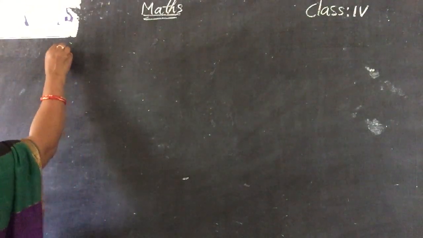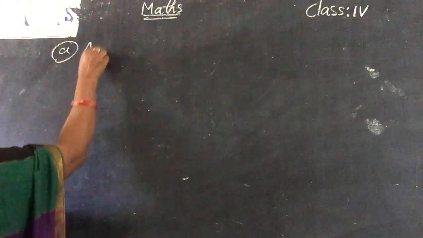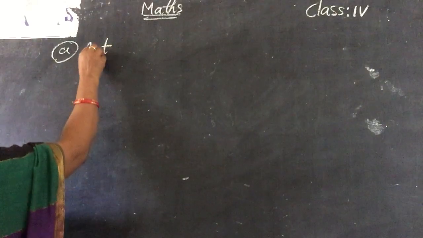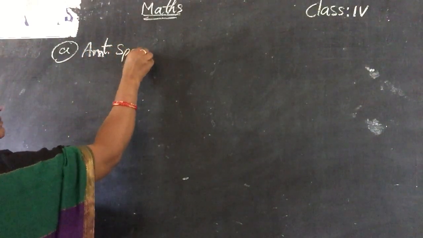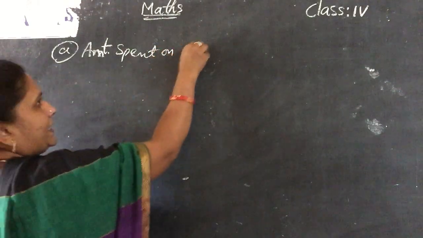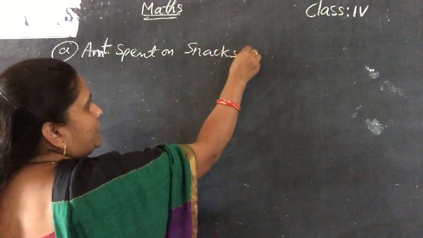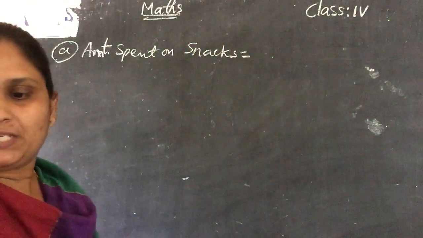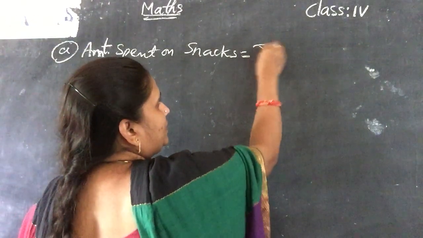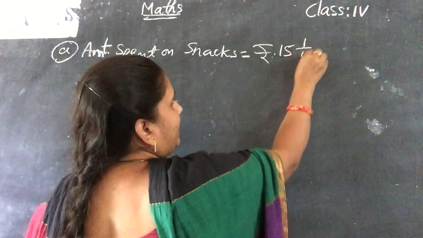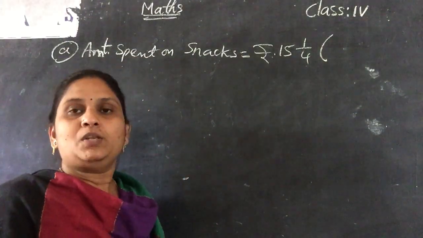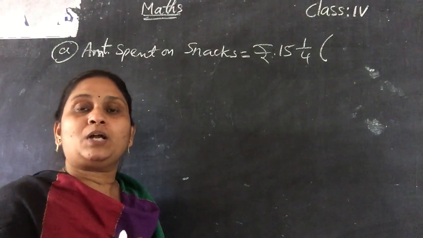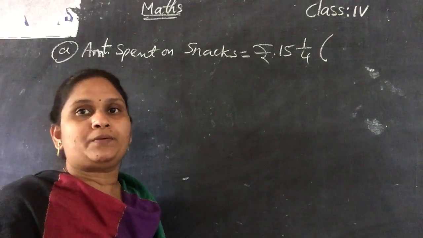Okay, so what you have to write first: amount spent on snacks, AMT means amount, is equal to, how much amount, children? Rupees 15 1/4. It is a mixed fraction, so we have to convert it into an improper fraction.